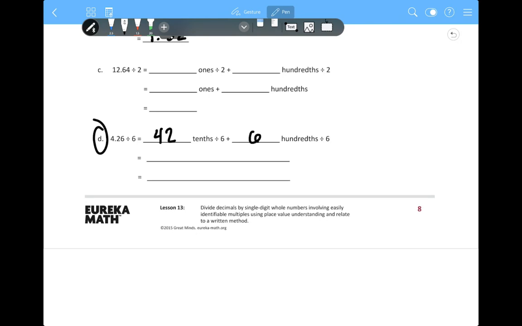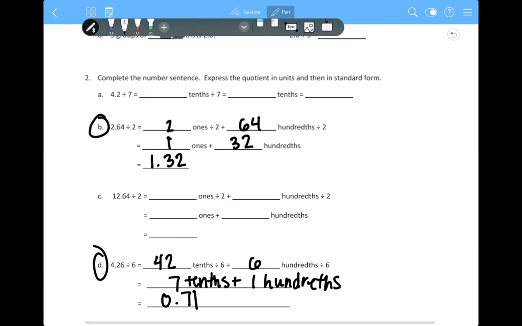So that makes 42 divided by 6 is going to be 7 tenths plus 1 hundredth. And so then I have 7 tenths and 1 hundredth. So 71 hundredths is my answer.